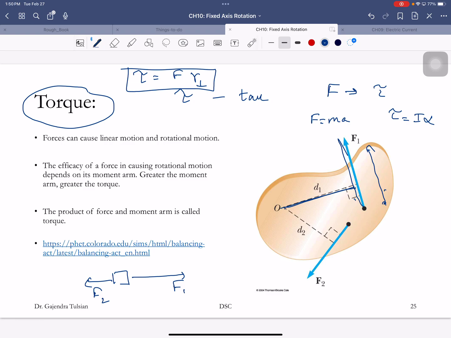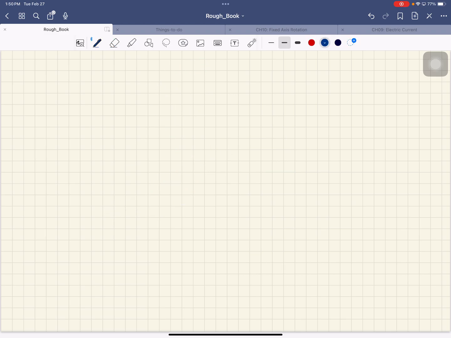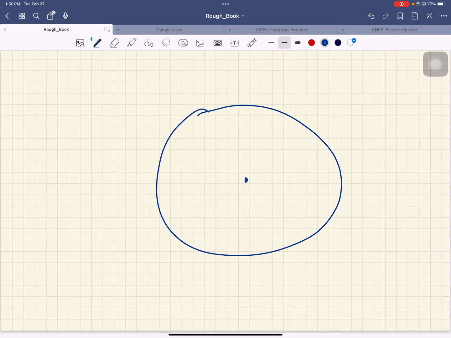All right, so here's an object, here's the axis of rotation. We're going to recruit Superman, and he's going to push this way. Is this object going to rotate?